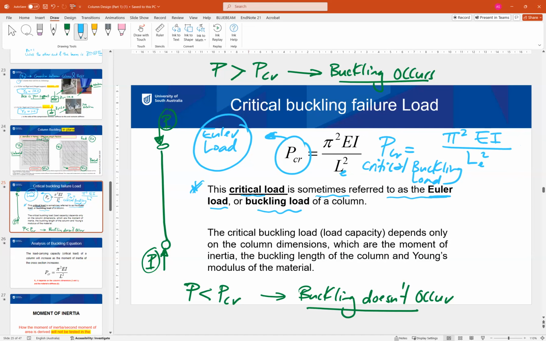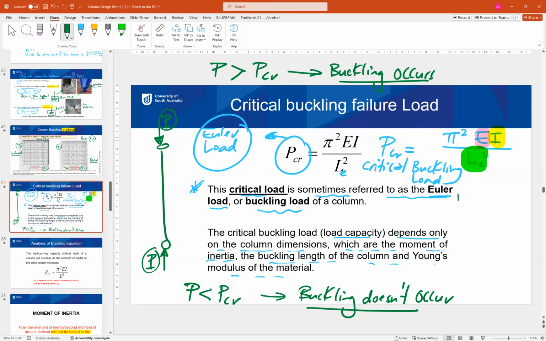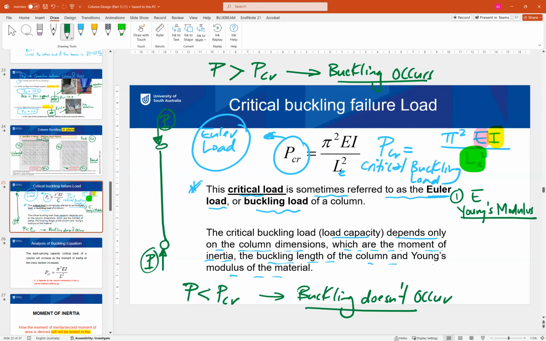The critical buckling load or the load capacity of the member depends on the column dimension, which are the moment of inertia, the buckling length, and the Young's modulus of the material. So as you can see from the formula, the buckling load depends on 3 parameters. Number 1 is E, which is Young's modulus, the modulus of elasticity of the member, so it is the material properties.